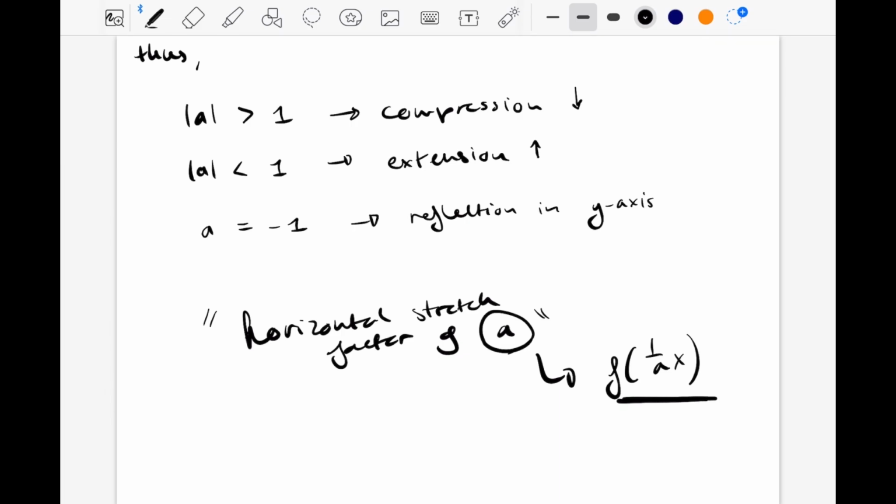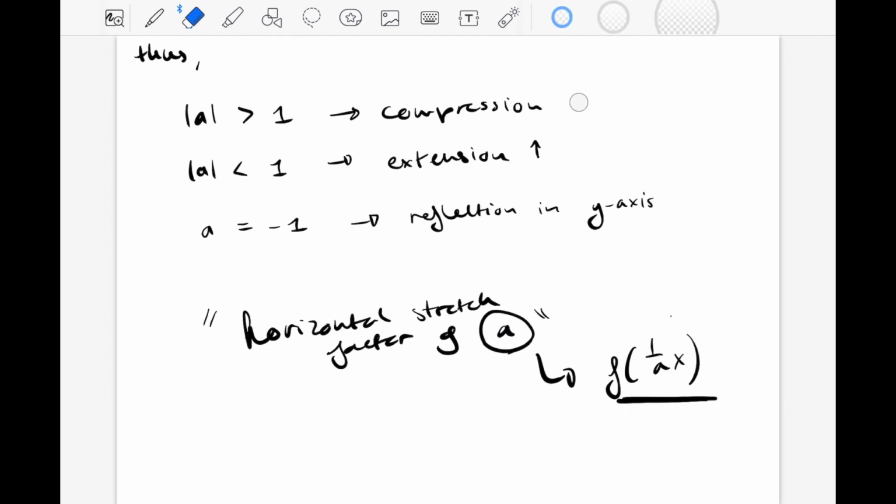So if the absolute value of a is greater than 1, then you're going to have a compression, because you'll be multiplying every single x by something that is less than 1, because of the 1 over a in the actual graph. Now, if your absolute value of a is less than 1, then you will have an extension, because you will be multiplying every single x value by something that is greater than 1.